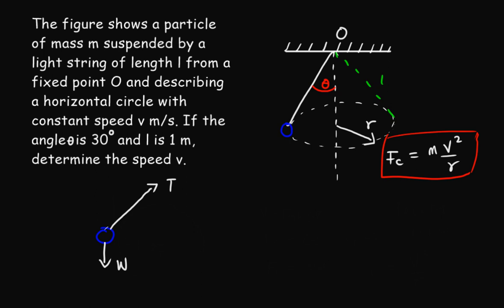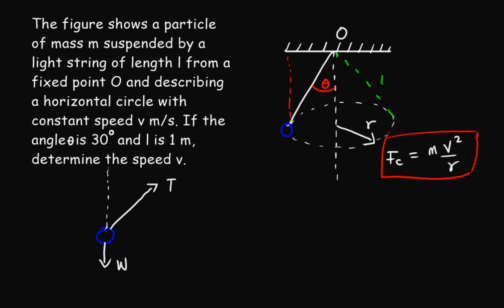Okay, and then we know that since the force is directed towards the center, then acceleration will also be directed towards the center. But looking at this tension force here, it has an angle. Okay, it is at a certain angle. So let's look at that. If I draw a vertical line here, let's go back to the figure.